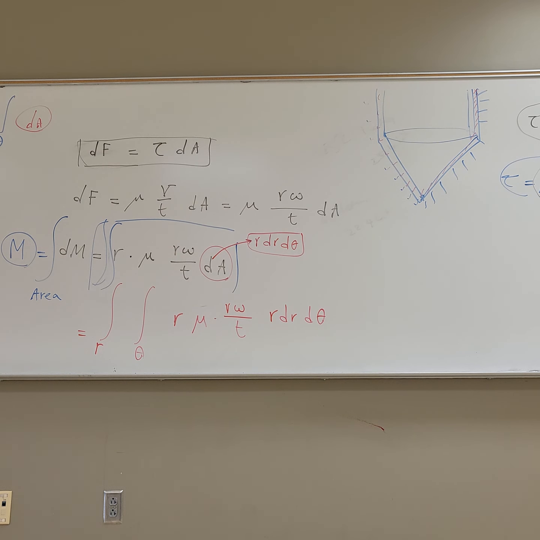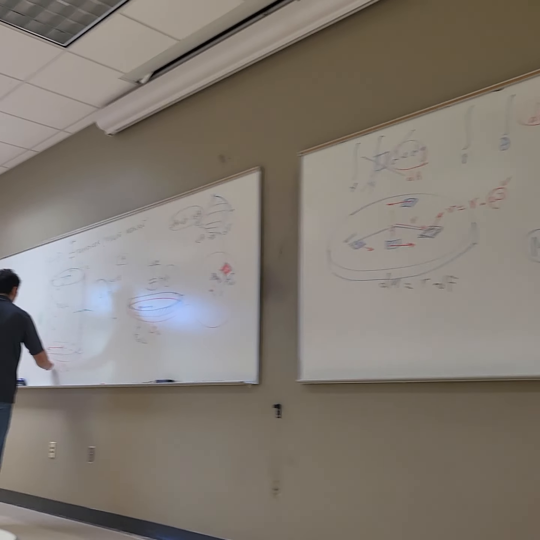If I look at the problem here, the outer radius of the bottom disk was Ri, right? The outer radius of the outer cylinder was Ro, right? Because I'm doing this relation for the bottom cylinder that is moving, I can use Ro.